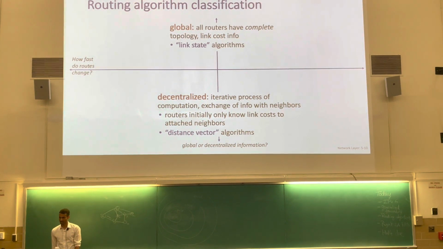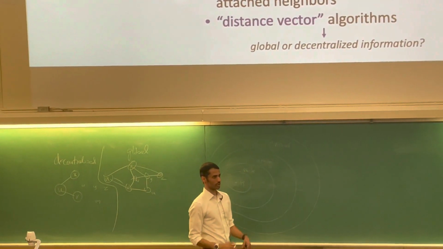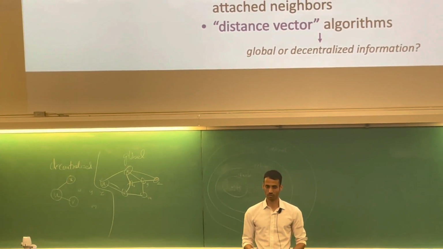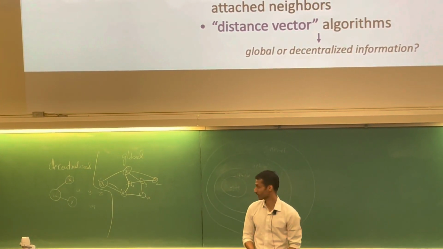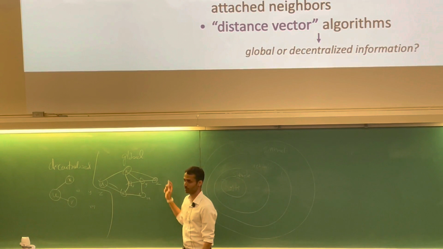The decentralized view is one that looks like this. So in the global model, I can look at the whole graph. I'm aware of the whole graph's topology, all edges, all costs, and I'm going to run a graph algorithm to compute: this is the shortest route from U to Z, as opposed to this or any number of other options.